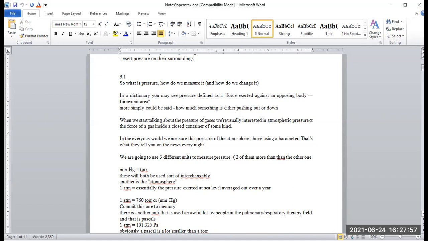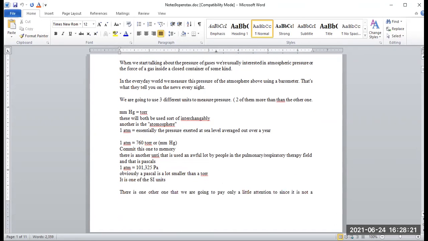Some of us are more sensitive to it than others. We can kind of feel the pressure change. But there are ways to measure it, and that also goes into one of the facets of how weather forecasting actually comes into play.